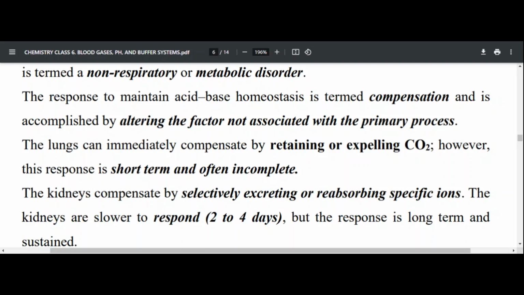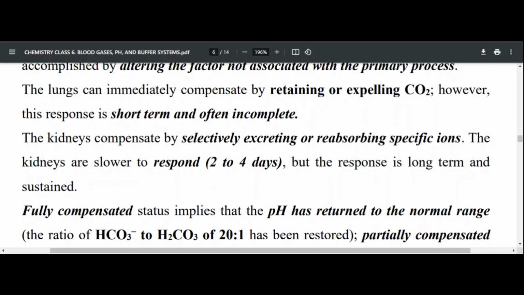But the kidneys can compensate by excreting and reabsorbing some ions, for example. This compensation is long term and sustained. Which means that the kidneys, on the other side, can compensate fully or completely. So there will be a full compensation status of the kidneys.